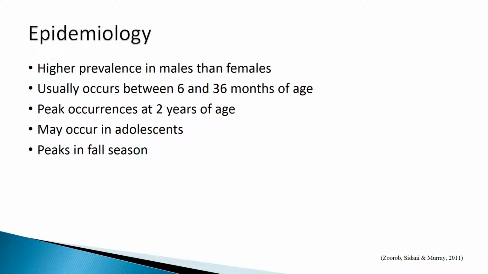It can occur. You might see them have more of a laryngitis type illness without any respiratory symptoms or severe respiratory symptoms. The slide says peak occurrence at 2 years, but the actual mean age is 18 months.